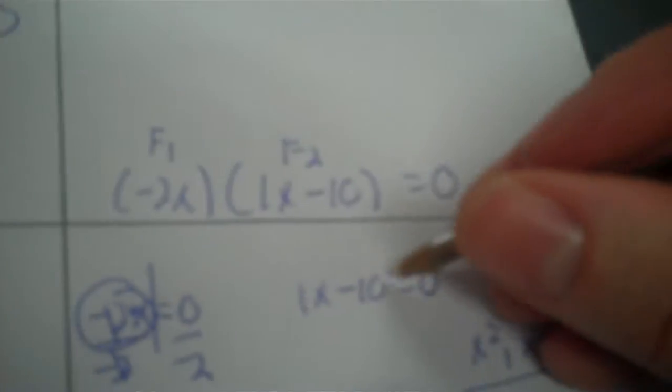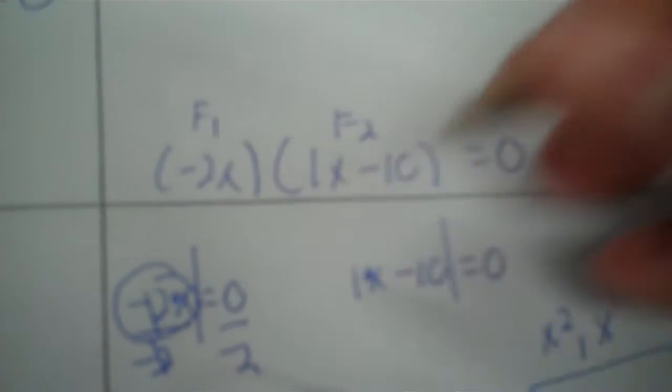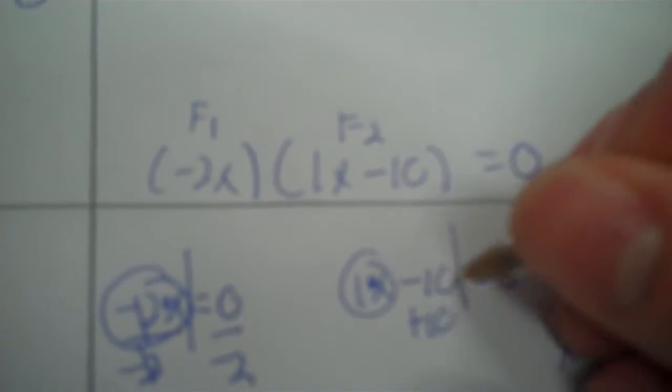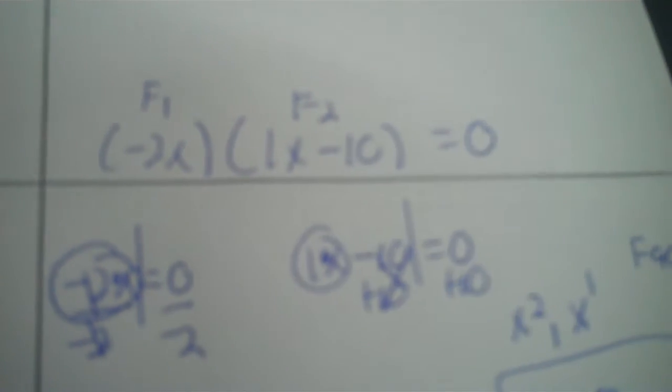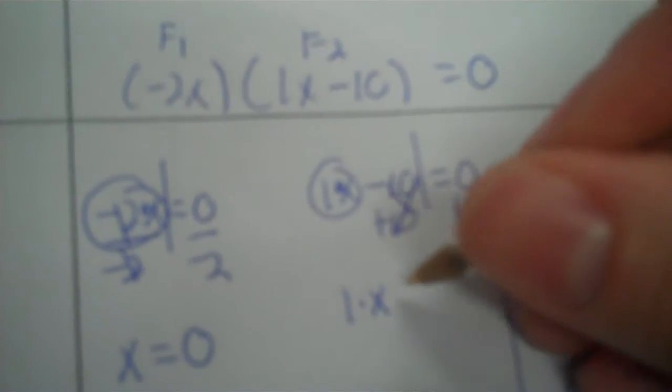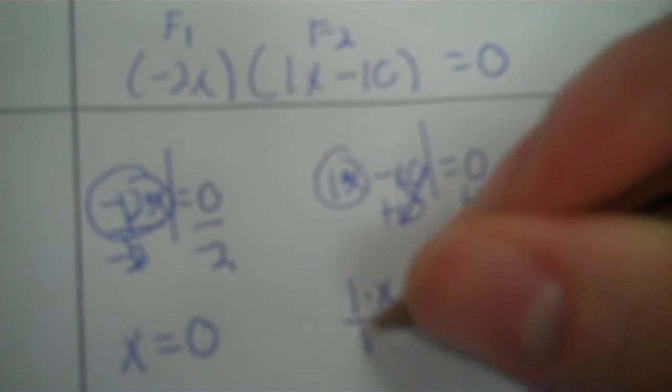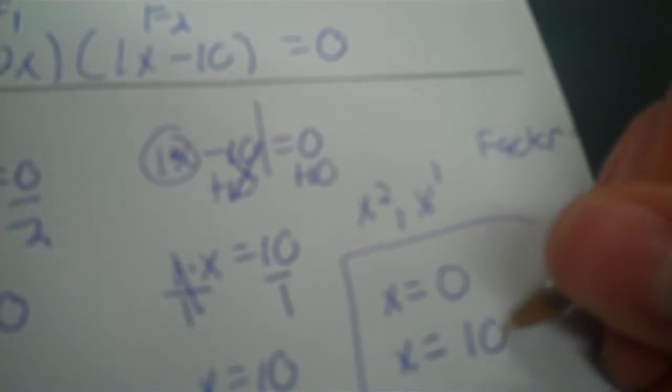Now in the other factor, we got times 1 and minus 10. So you get rid of your minus 10 with a plus 10, and 0 plus 10 is 10. Then you divide each side by 1, and 10 divided by 1 is 10. So 0 and 10 are the two answers.